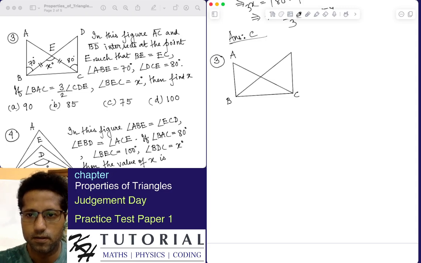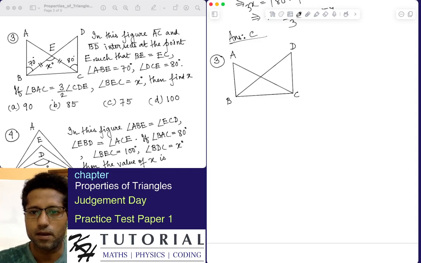BD and AC intersect at the point E, and it is said that BE is equal to EC. We indicate this visually in diagrams by two parallel lines. This means that BE is equal to EC.